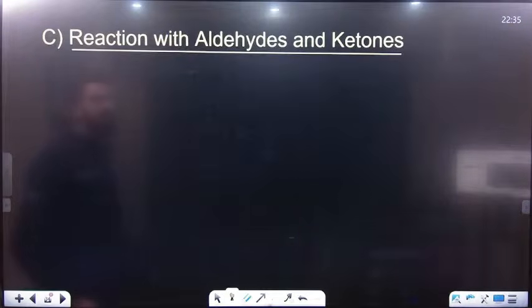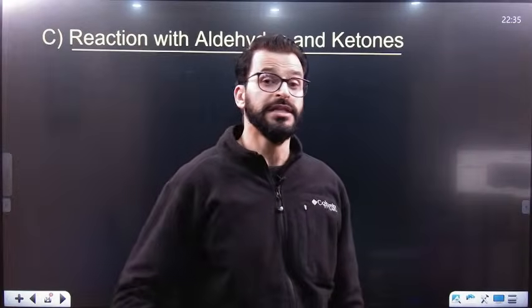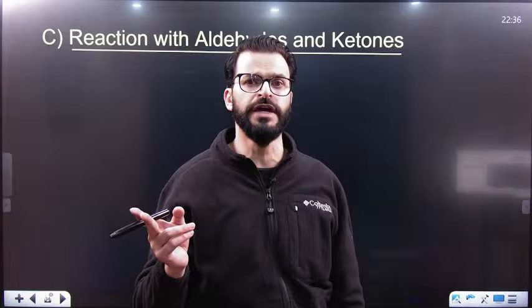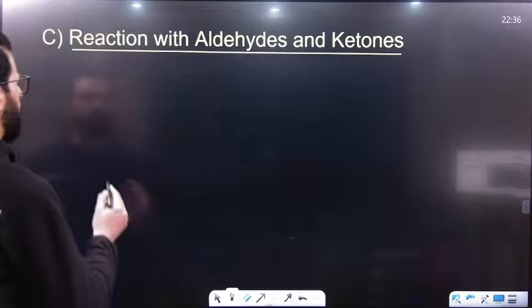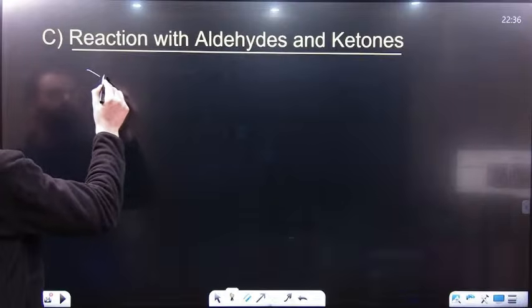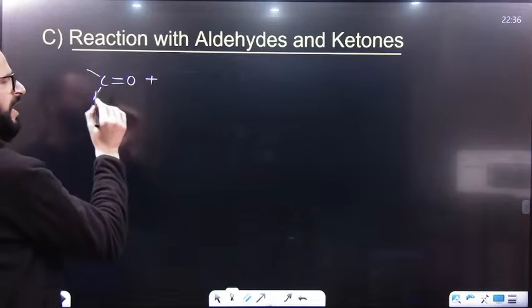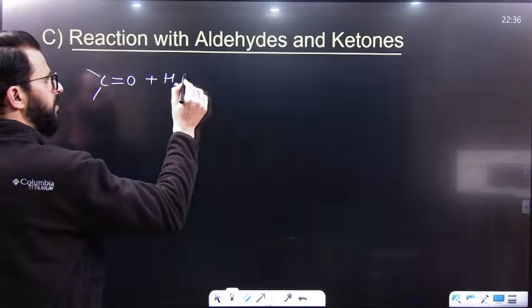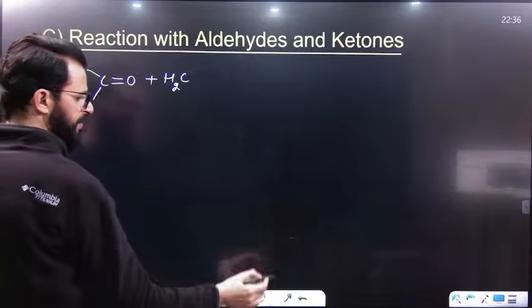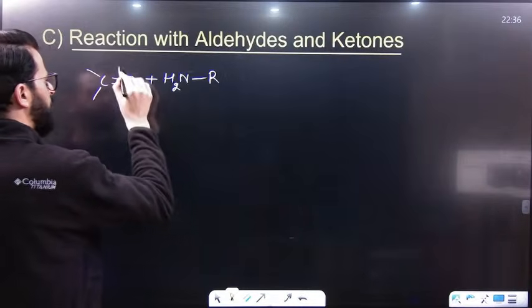After that, we are having the reaction of amine with aldehyde and ketone. That means amine here will act as a nucleophile and aldehyde or ketone will act as an electrophile. If you are having an aldehyde or a ketone, it can be any aldehyde or any ketone, when it reacts with a primary amine, what will happen?